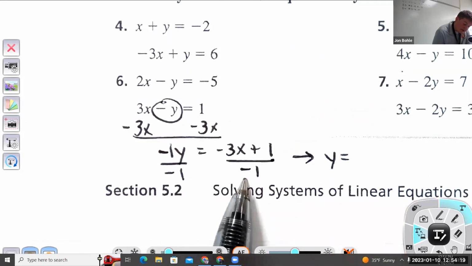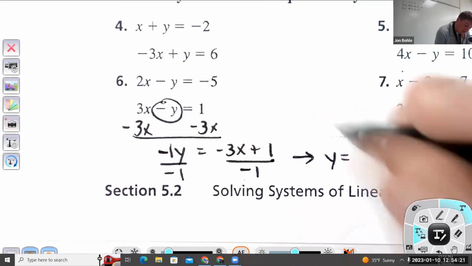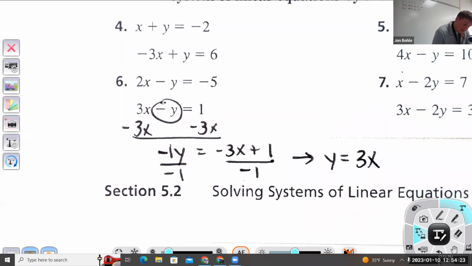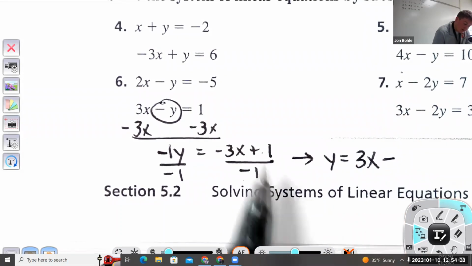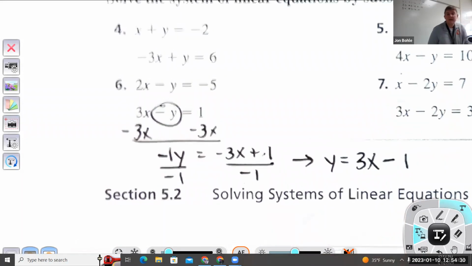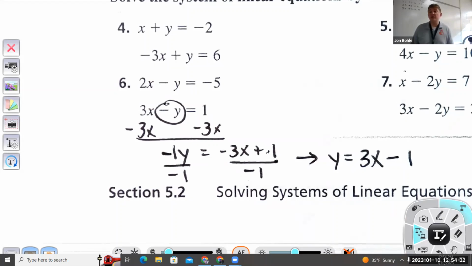Negative divided by negative is positive. 3 divided by 1 is 3. Positive divided by negative is negative. 1 divided by 1 is 1. So that's how you could do it. If you have to do 2 steps, you have to do 2 steps. Okay. But at all costs, if I'm you, I'm trying to do the least amount of steps as humanly possible.